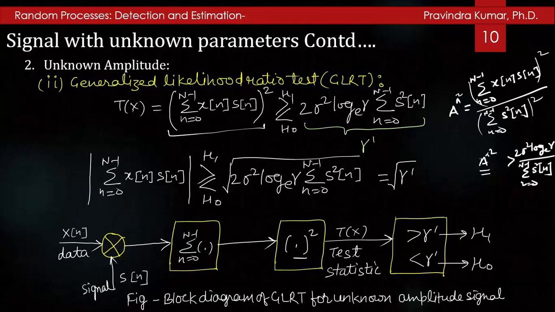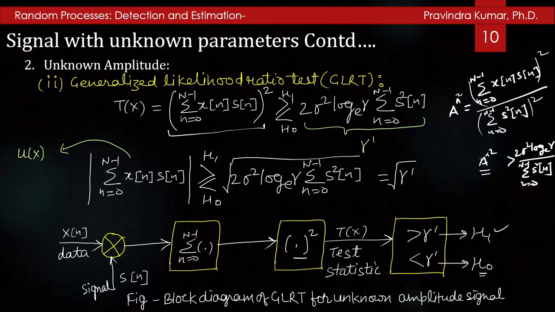Compare this test statistic with the threshold value γ'; if it is greater, we decide hypothesis H1, and if it is less than γ', we decide in favor of hypothesis H0.